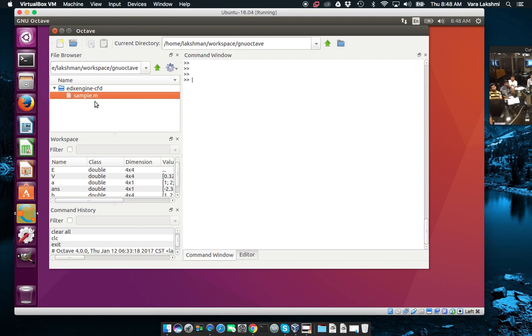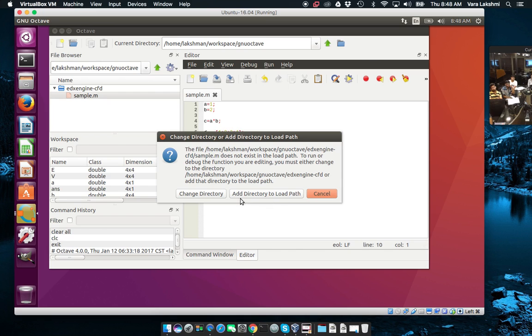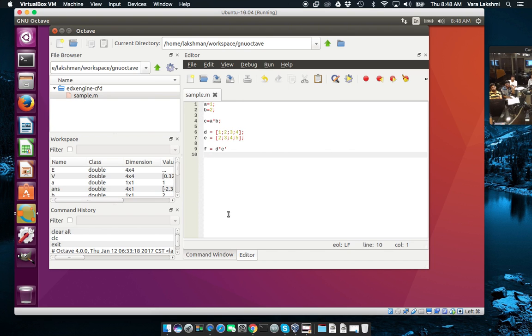In order to add sample, you can simply write addpath of /edx engine -cfd. Either you can do this, or you can simply type this and then add directory to path. Both of them do the same thing. I choose the GUI based option.